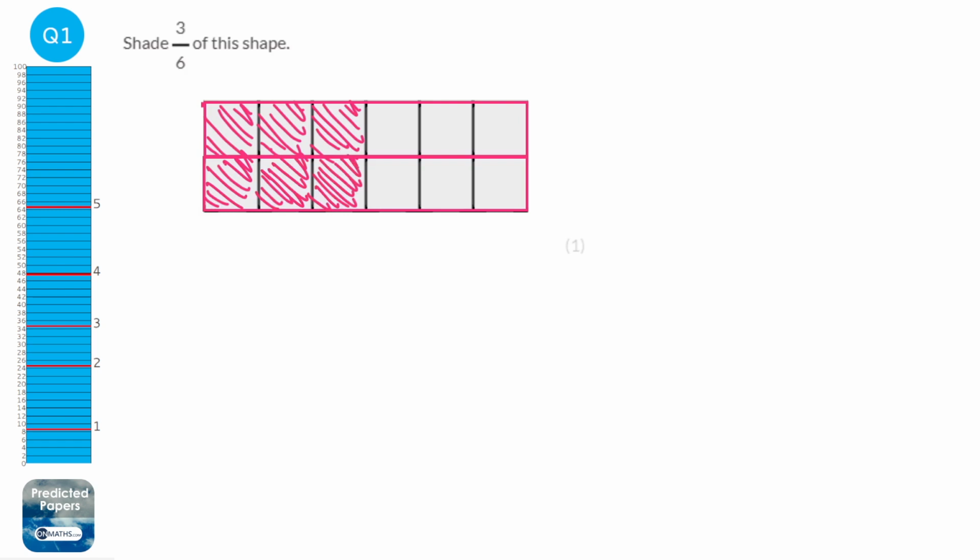And that's our answer. Now you might notice that 3/6 is the same as a half, because we can divide both by 3, and so all I need to do is shade in a half. Or you might convert 3/6 into 6/12, and there's 12 squares altogether, so it's 6 of the 12 squares. There's lots of ways of doing this question.